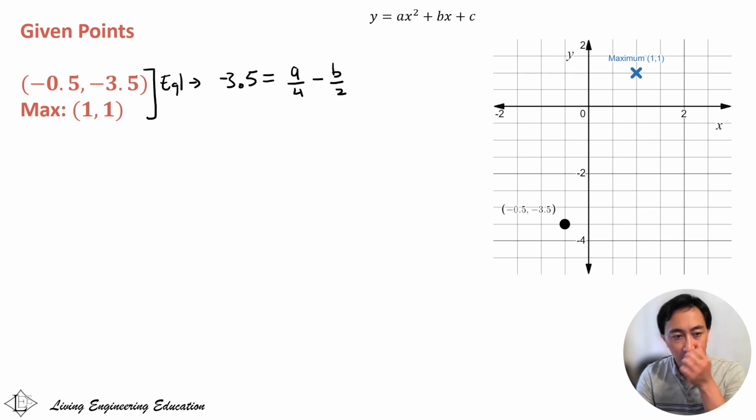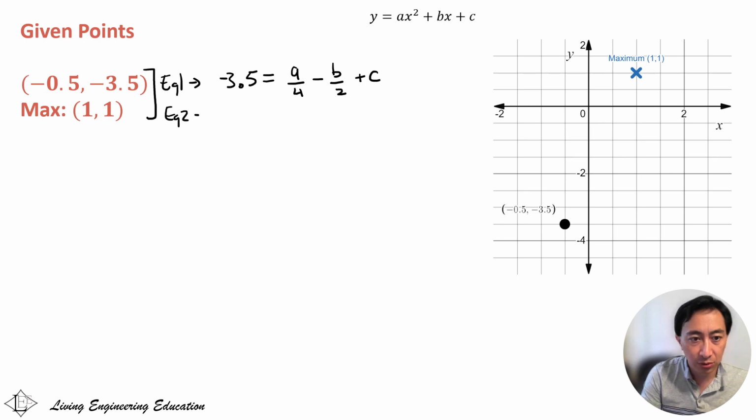I'm going to use fractions. I think it's a little bit easier to work with. And then equation 2: I have 1 is equal to a plus b plus c, right? 1 squared and 1 times b.